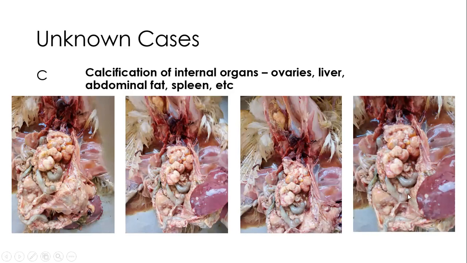You can see in the fourth picture that they are also on the liver, and they are hard. They are calcified. So even on the ovary, on some you can see it also in the abdominal air sac, and they are all calcified. So what could have been the cause of this?